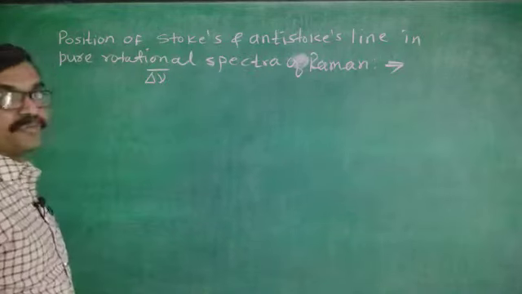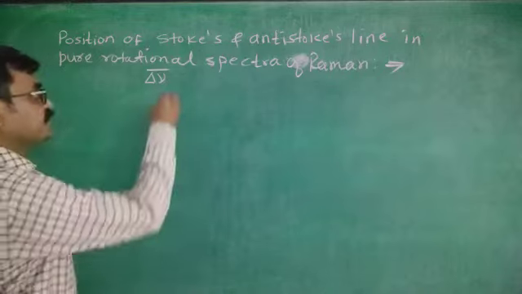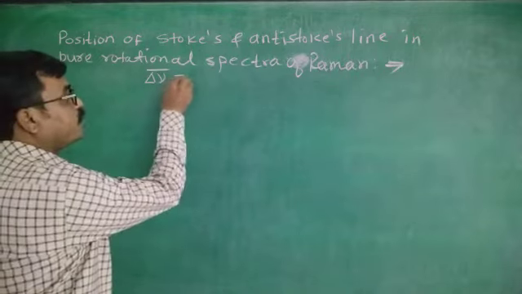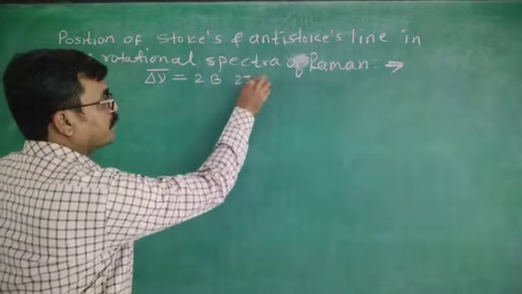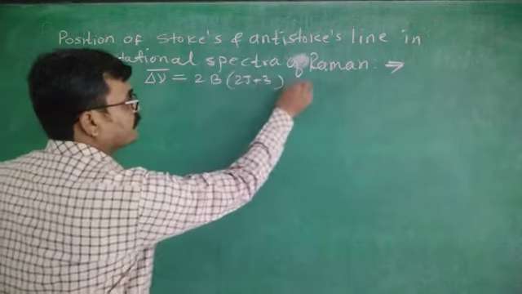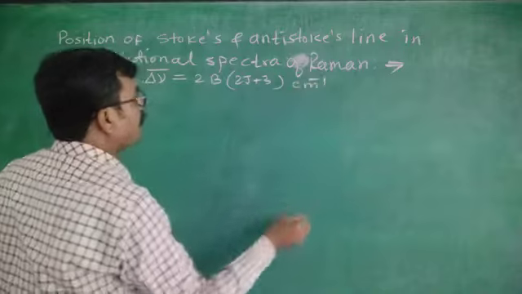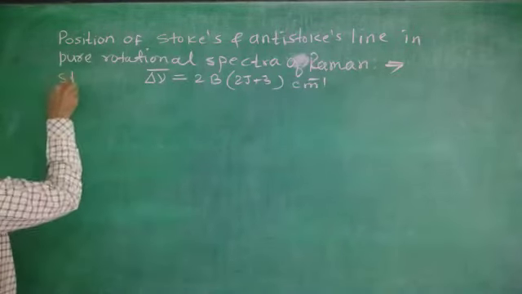frequency in terms of wave number, that is the Raman shift, is given by delta nu bar equals 2B into 2J plus 3 so many centimeter inverse for Stokes lines.